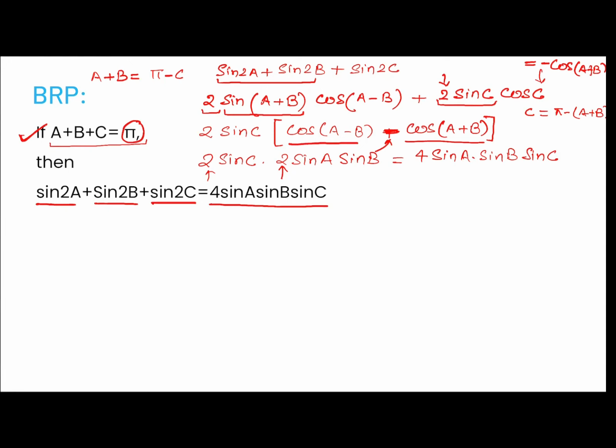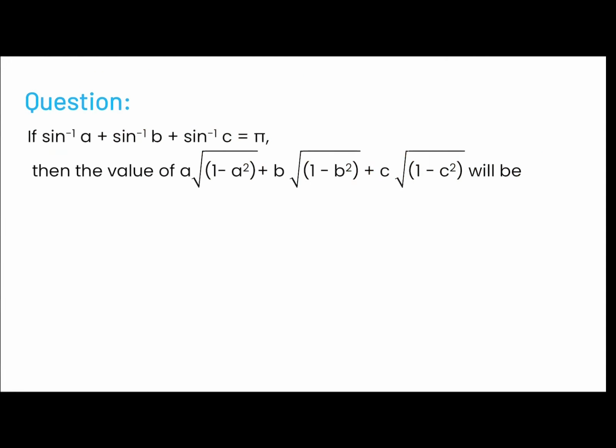Okay, now in the next problem we have sin inverse a plus sin inverse b plus sin inverse c is equal to pi given. So now we can say that if we take sin inverse a as capital A, sin inverse b as capital B, and sin inverse c as capital C, this is small c. So again we have A plus B plus C equal to pi.